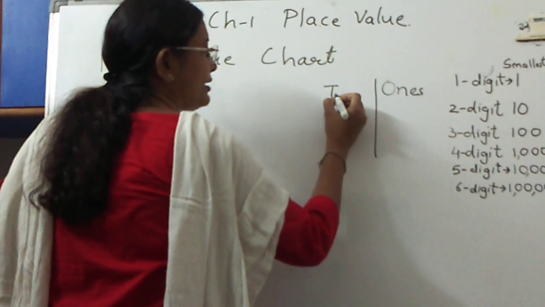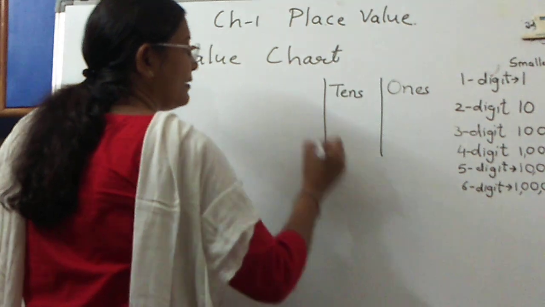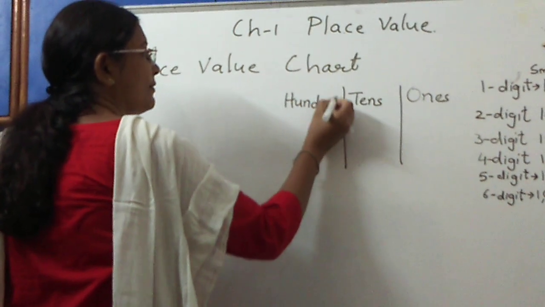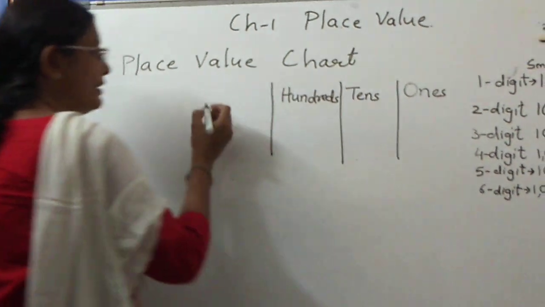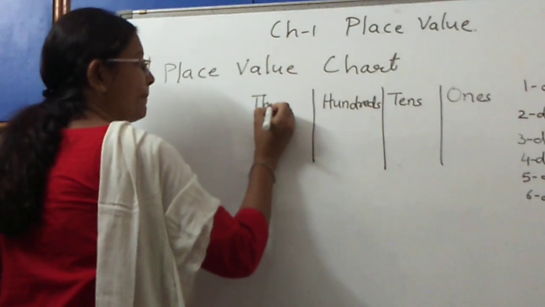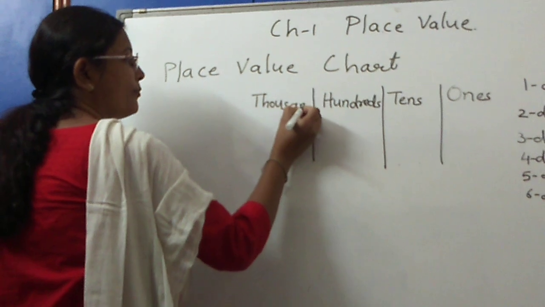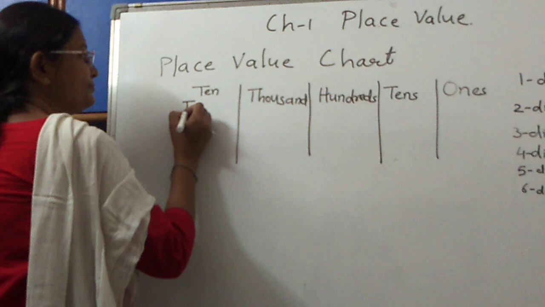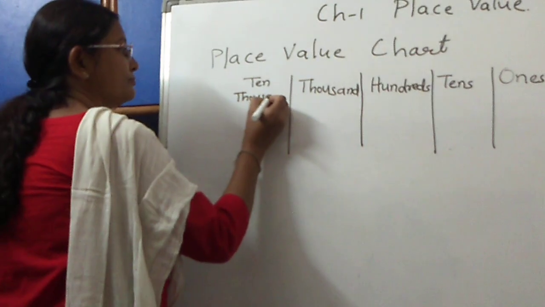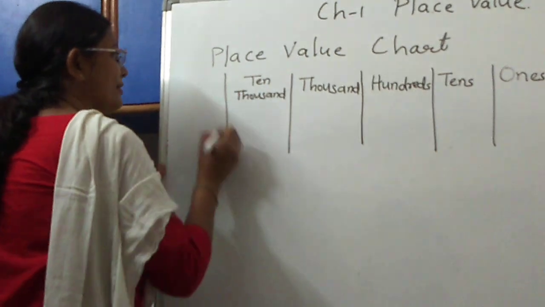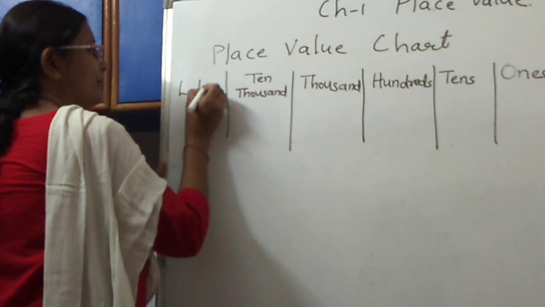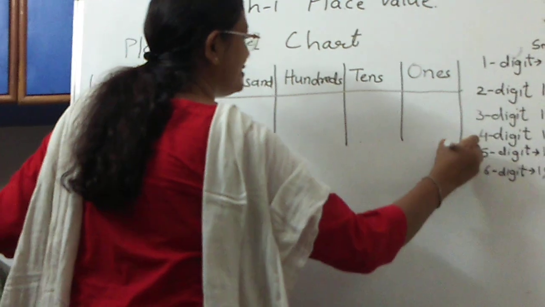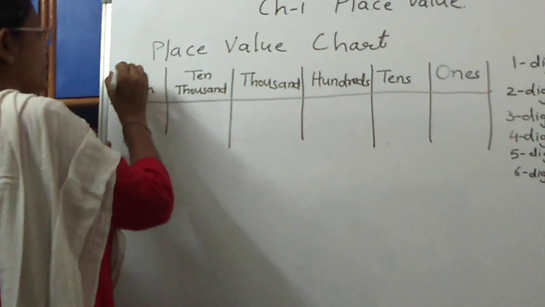Then tens, then hundreds, then thousands, then 10,000, and here lakh, right? This you have already studied before, but only till 1000.